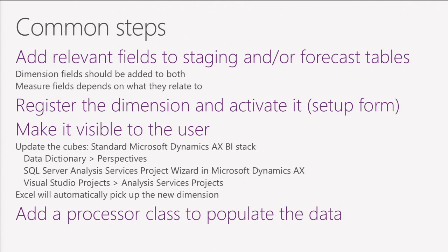After you add the correct fields, you need to register the new dimension and then activate it in the setup form within AX. The next step is to make those visible to the user, and here you will need to use the standard Dynamics BI stack, and I'll show you how to do that. And the last part will be adding a processor class to populate this data within those new fields that you have added in the first step.